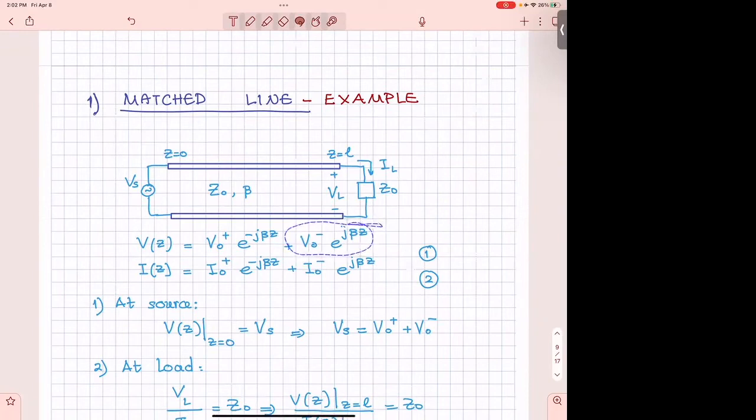So there is no reflection from the load, which is good news because all of the power that you send in the line is absorbed by the load. So in all cases, when we design, like in high frequency circuits, we try to move energy from the source to whatever circuit we connect. You remember all of these lines that you have seen in the pictures that I'm showing you?